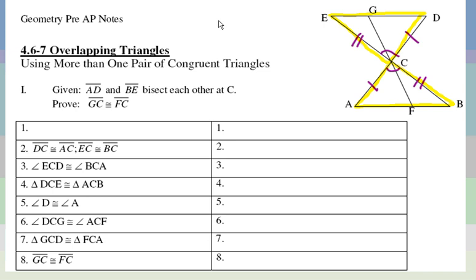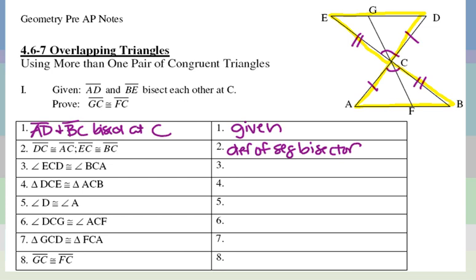All right, so as I begin my proof, I begin with my givens. AD and BE bisect each other at C, and that was my given. Then because of that, I marked down that DC was congruent to AC and EC was congruent to BC, and that is my definition of a segment bisector.